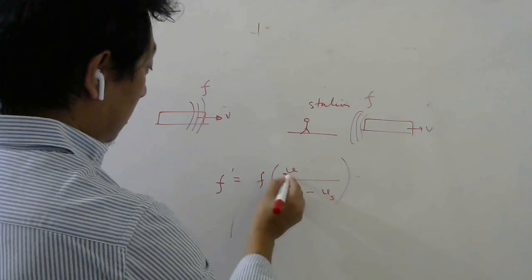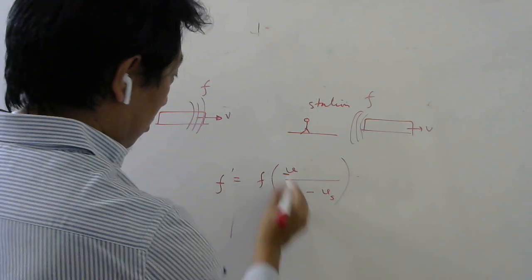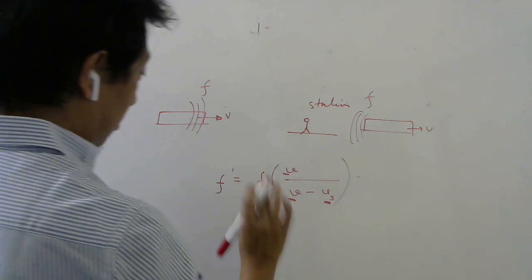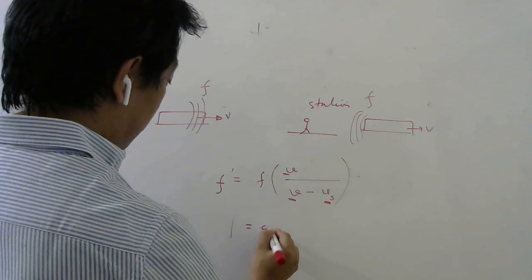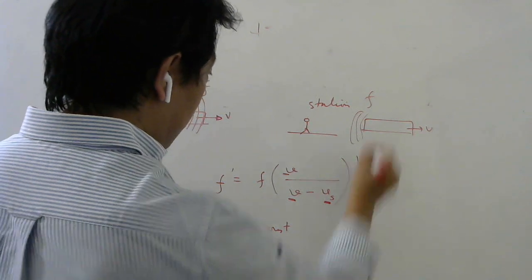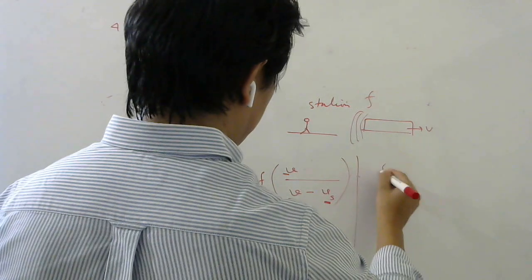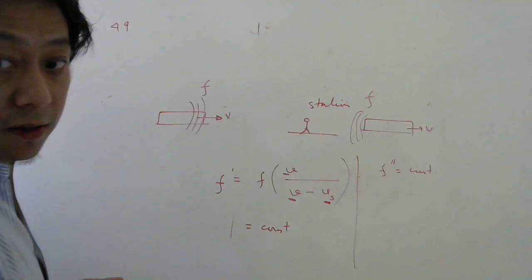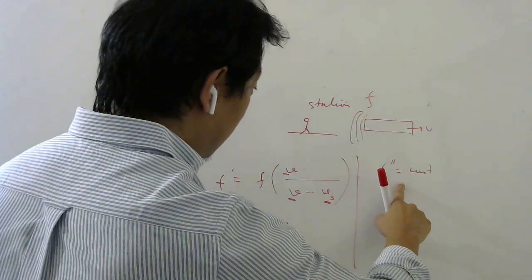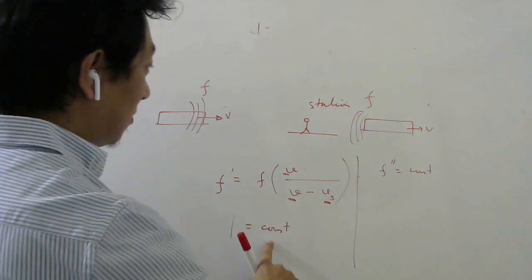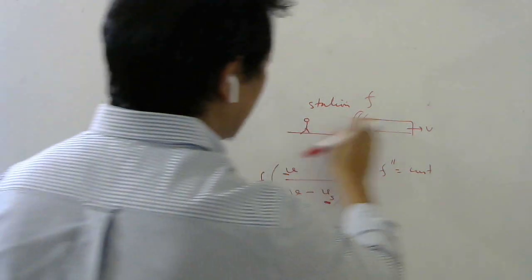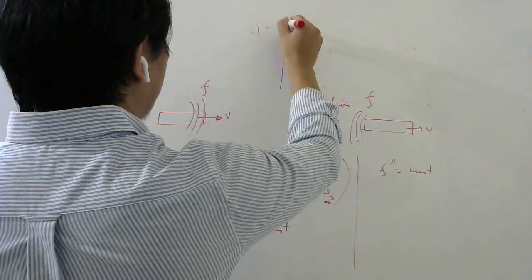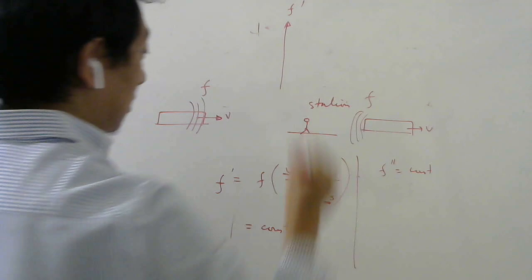Now speed of the train is constant, speed of sound is constant, speed of source which is train is also constant, so this will be constant. Similarly in this case, when it is receding, this will be also constant, like f double dash, let's say. But this constant will be less than this constant because here it is coming to us, here it is going away. So we plot a graph of frequency f dash, which is heard.